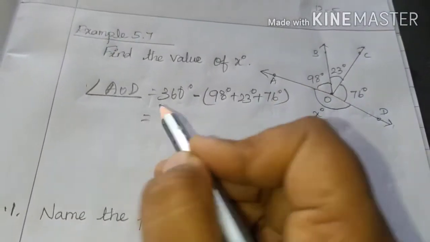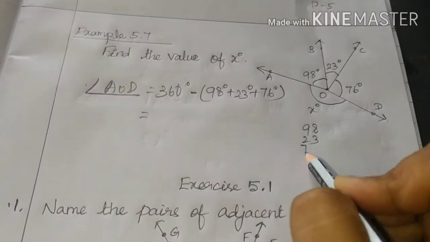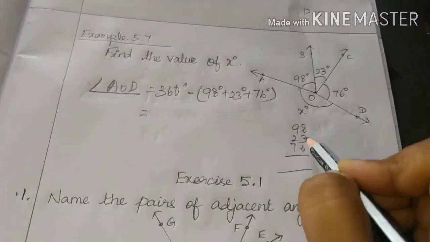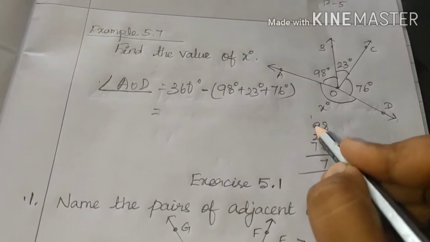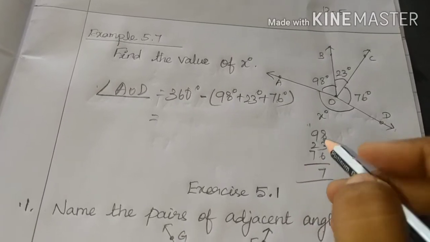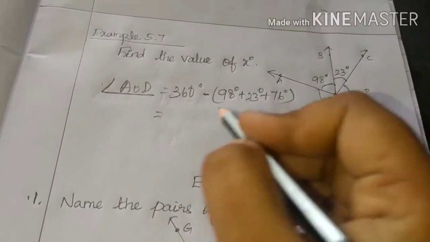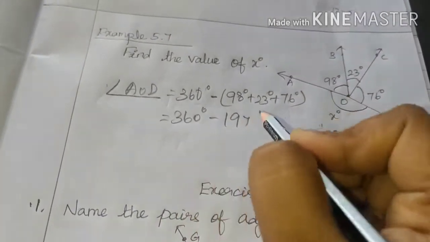If we add these 3 angles, what will we get? First add here: 98, 23, 76. 6 plus 3 is 9. 9 plus 8 is 17, carry 1. 9 plus 1 is 10. 10 plus 7 is 17. 17 plus 2 is 18, 19. So 197. So 360 degree minus 197 degree.